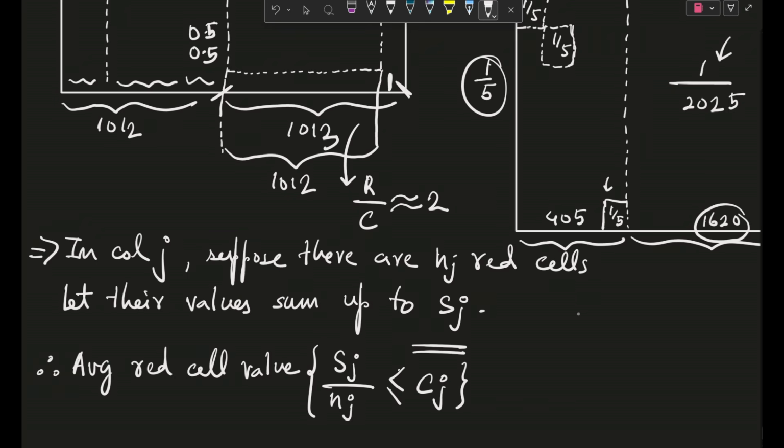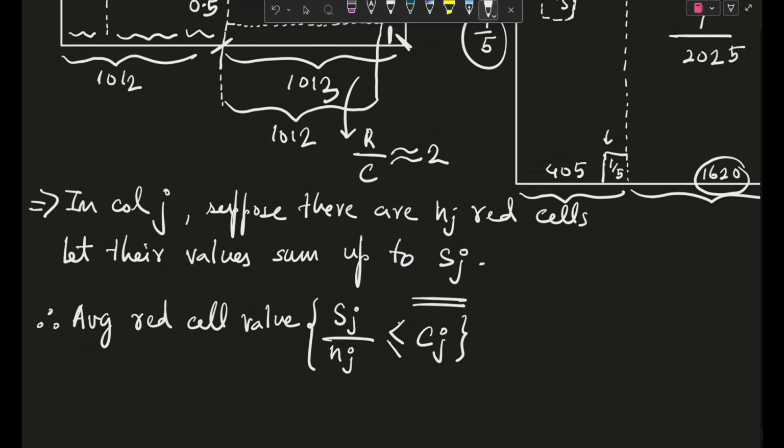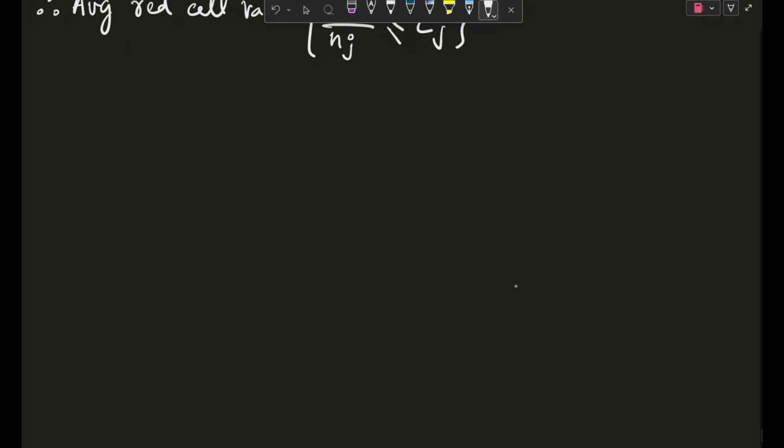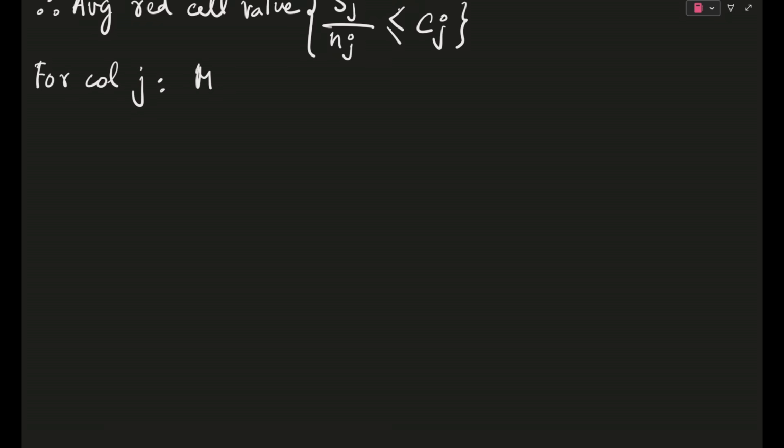Now we'll proceed a bit further, and keep on writing. This might be a little boring, but keep on writing. So for column number J, the maximum is equal to Cj.